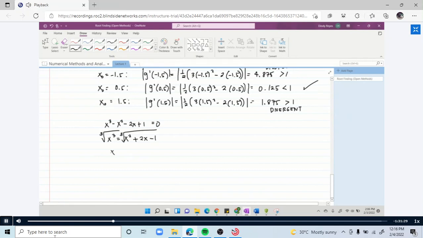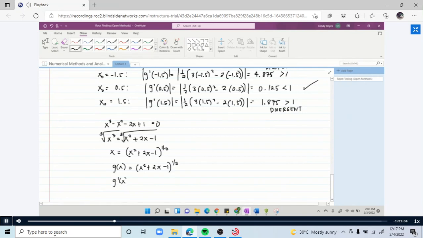So now x is isolated on the left side. This one is x squared plus 2x minus 1 raised to 1/3. So this is your g of x: g of x is equal to x squared plus 2x minus 1 raised to 1/3.